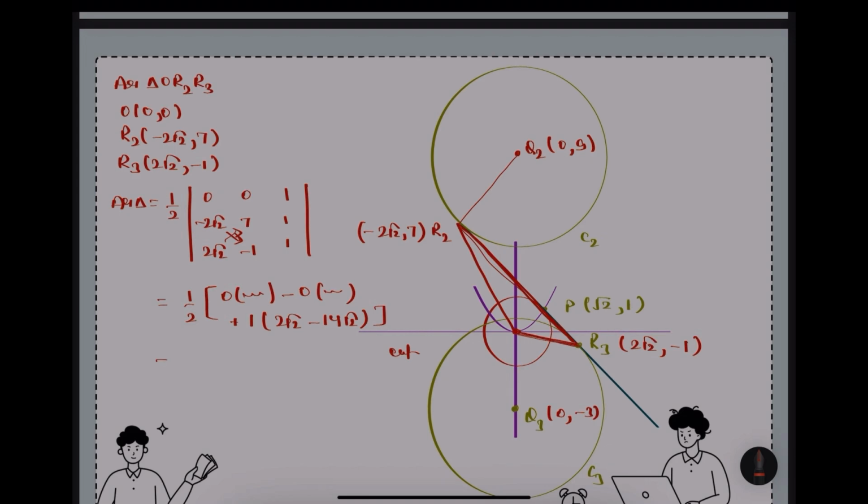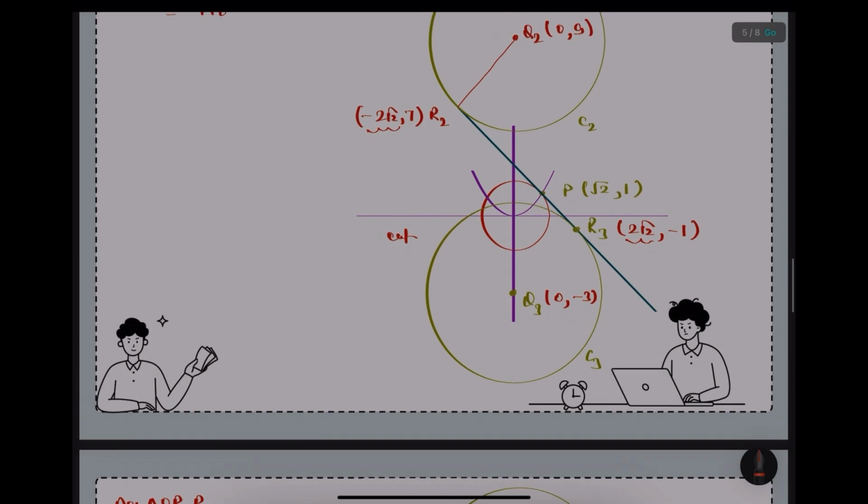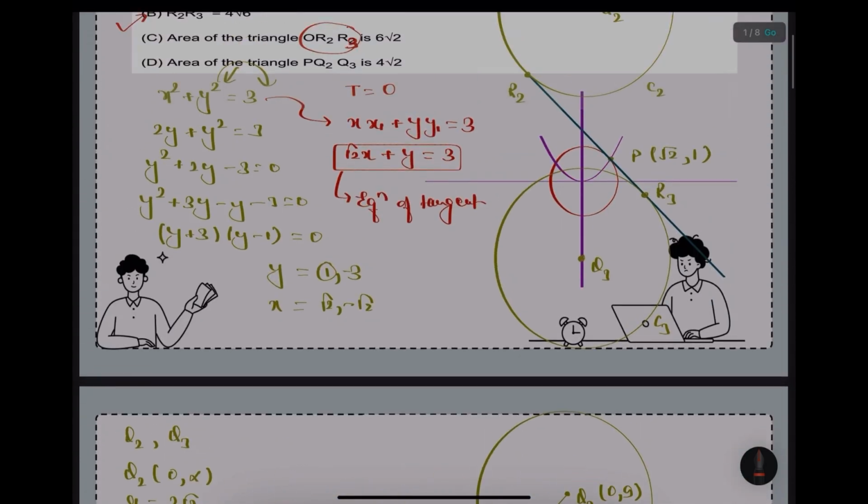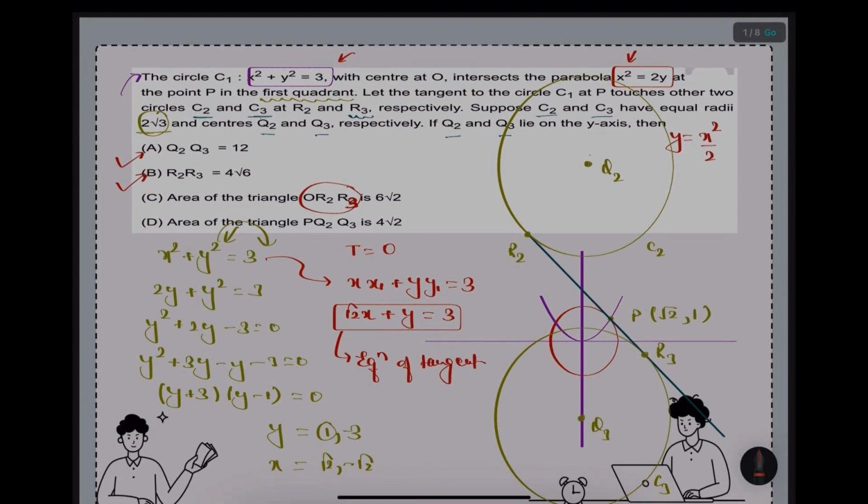So it is 1 by 2 times minus 12 root 2, which is minus 6 root 2. But you know that area cannot be negative, so area will be plus 6 root 2 square units. Is that okay? In the options, they have given plus 6 root 2, so this option is also correct.